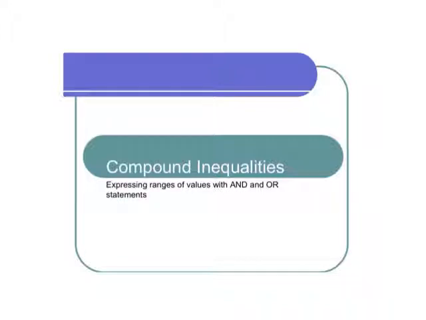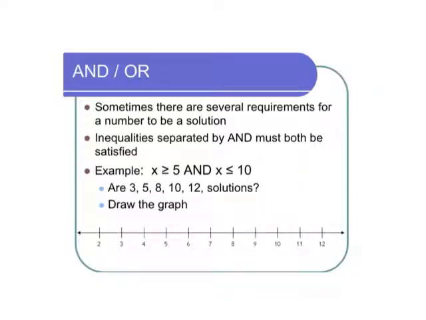At first glance, you might think it's two different inequality statements, but because of how they're connected, they actually form one thing. So, in some situations, there might be several different requirements that have to be met in order for something to be a solution. You've certainly been given assignments where you have several different requirements that you have to meet in order to get credit.